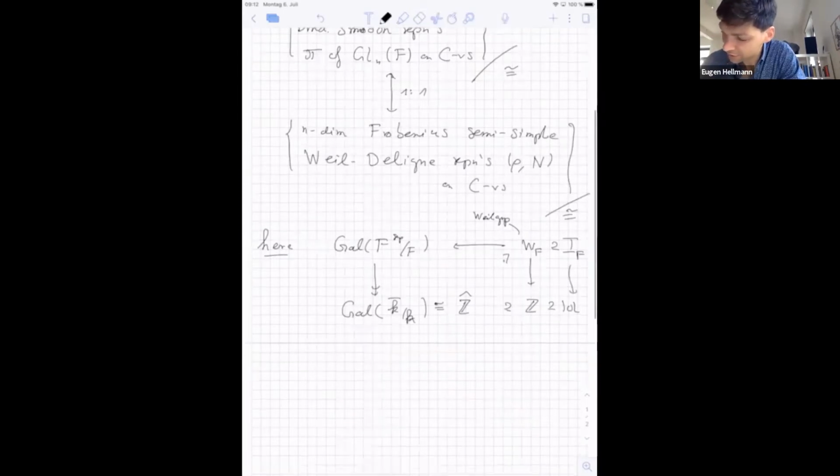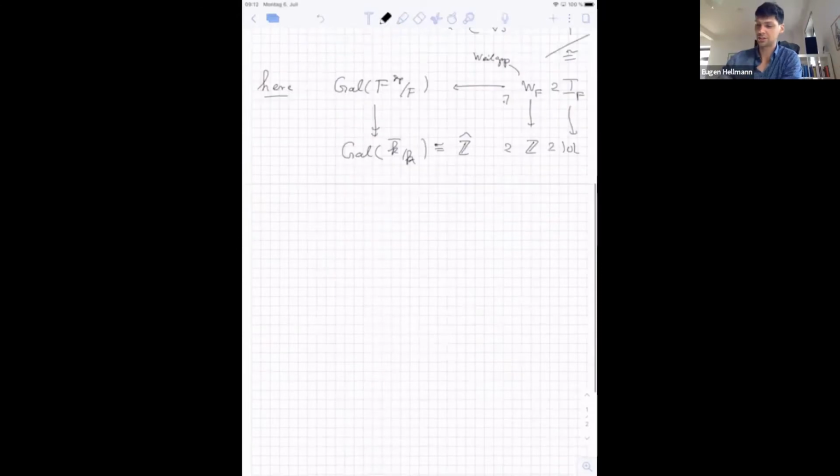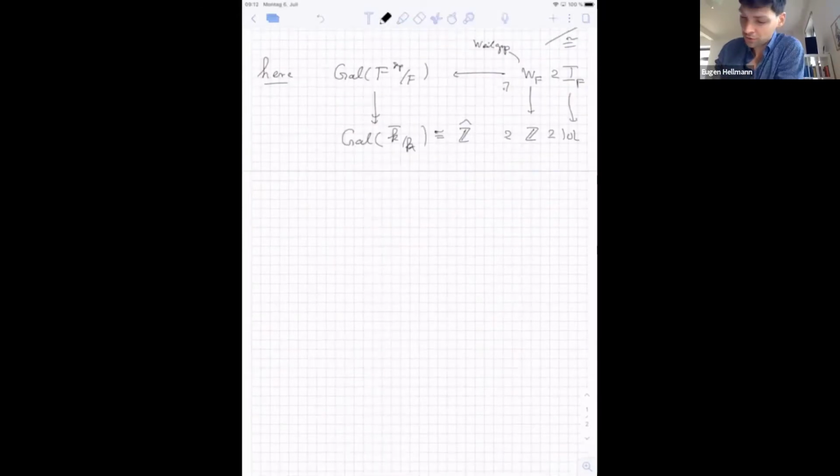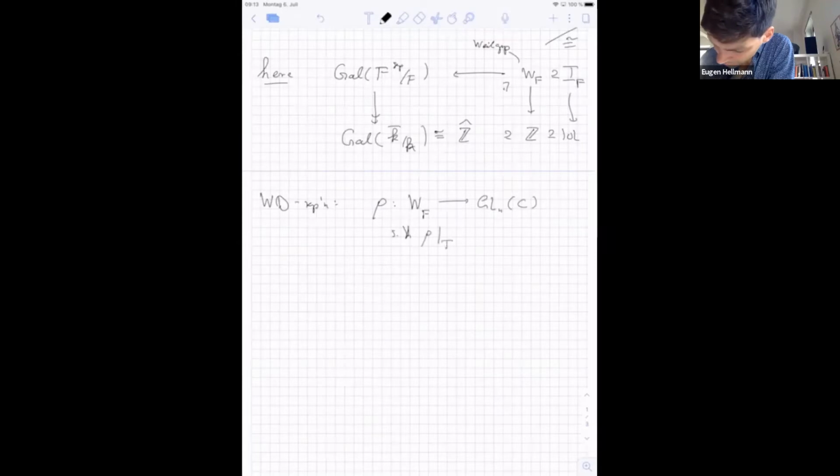Okay, so you have these groups related to Galois groups, and a Weil-Deligne representation consists of a representation rho of this Weil group, say to GL_n(C), such that rho, when restricted to this subgroup, factors through a finite quotient.